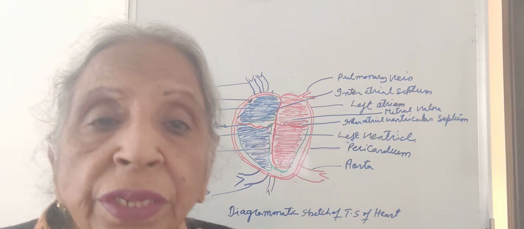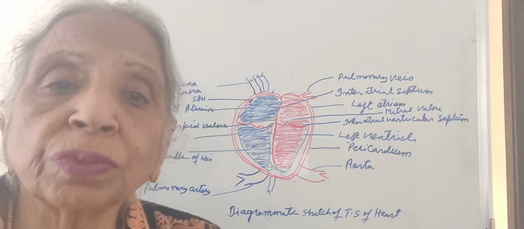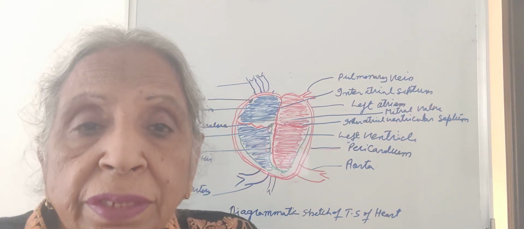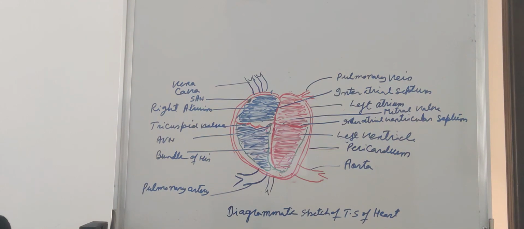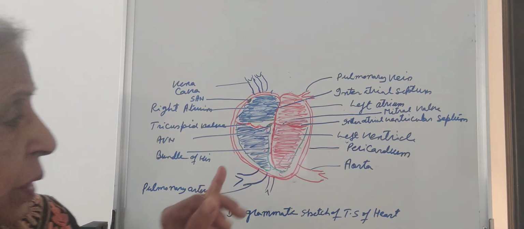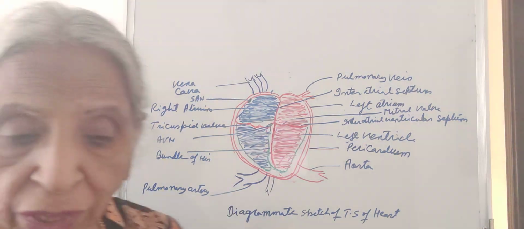It is passed to the aorta and is supplied to all parts of the body through arteries, arterioles and capillaries.